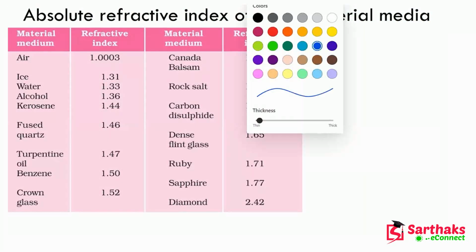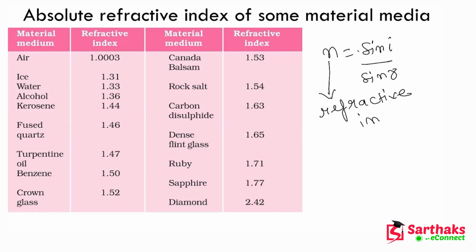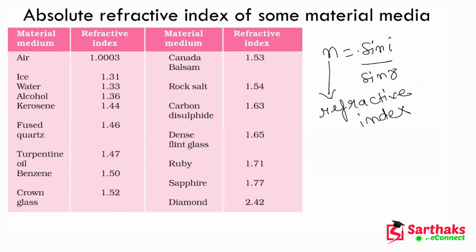Okay. So guys, this ratio of sine i upon sine r is also known as refractive index. As you can see in the previous slide, here also it is written that this constant is the refractive index.